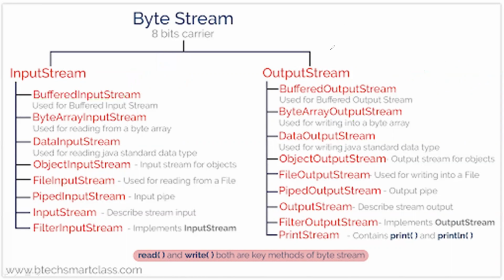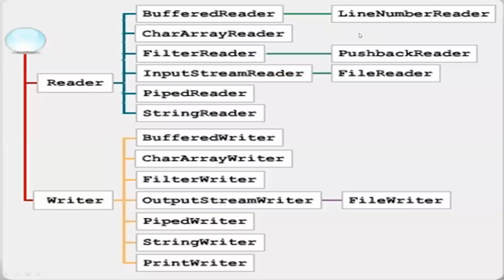Let us see another one, how the character-oriented classes are divided. If it is a reader at the end, then these are used to read the data from the file, and if it is a writer at the end, then these are used to write the data into the file.